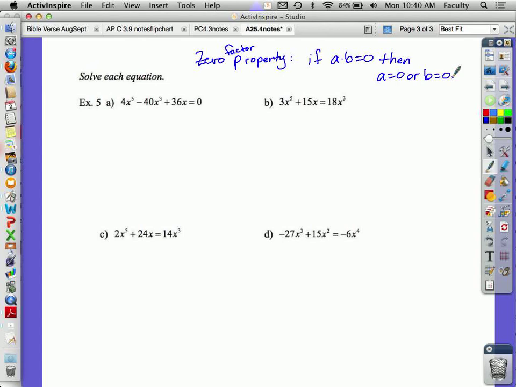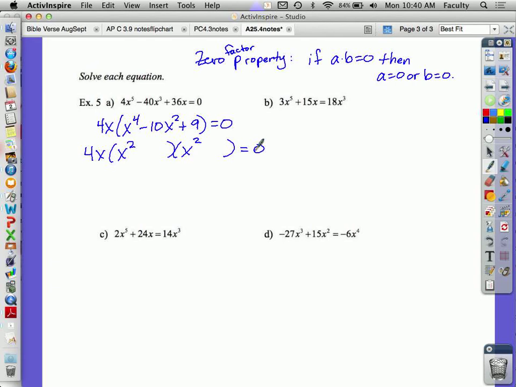So let's look at example 5, letter A. I'm going to start by factoring it and pull out the 4x. And I get x to the fourth minus 10x squared plus 9. So I'm going to make it an x squared and an x squared.